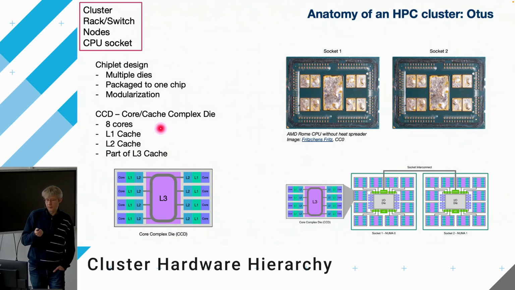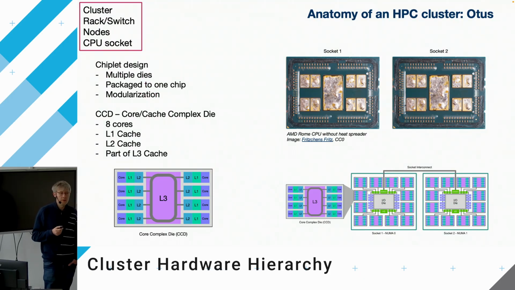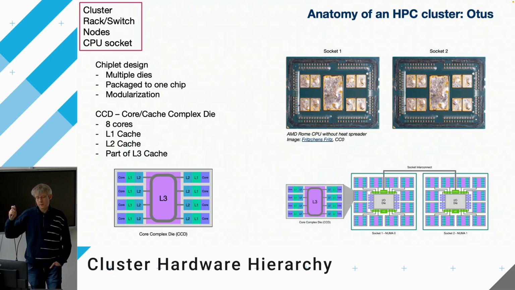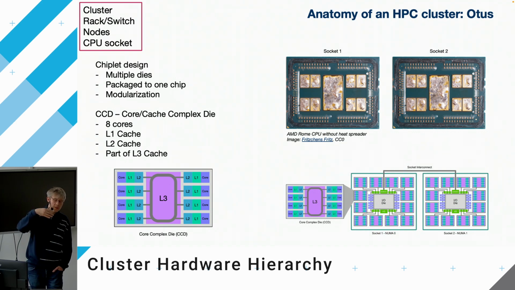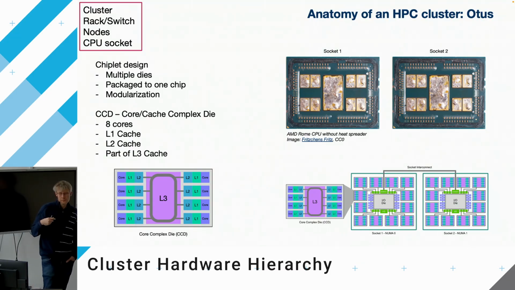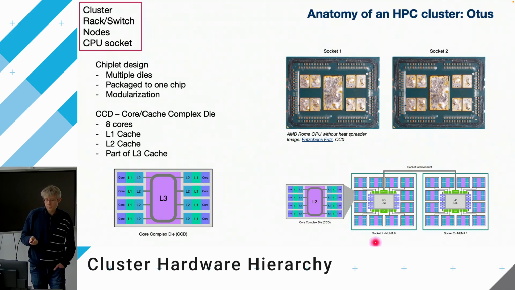This kind of design is called a chiplet design. We have multiple dies packaged onto one chip, and this also allows for modularization for multiple different models of CPUs. You could get a large chip with 12 CCDs on one CPU, or if you don't need as many cores, you can get a model with fewer CCDs, which would also be cheaper if you don't need this kind of computational power.